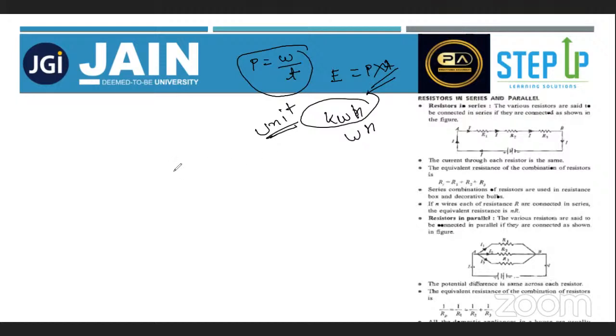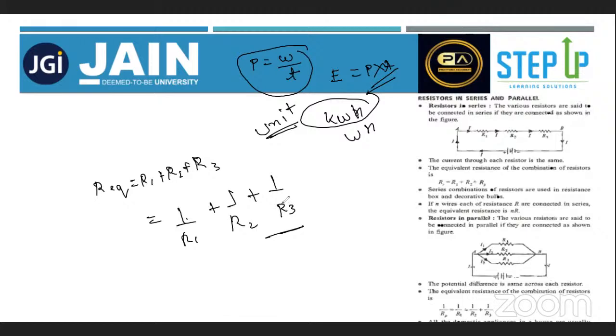Now resistors in series and parallel. In series, the equivalent resistance is given as R1 plus R2 plus R3. In parallel, it is written as 1 by R1 plus 1 by R2 plus 1 by R3. It's a small difference, nothing else.